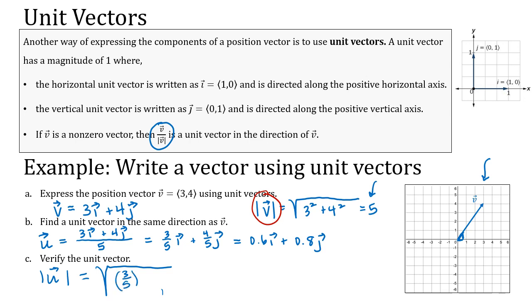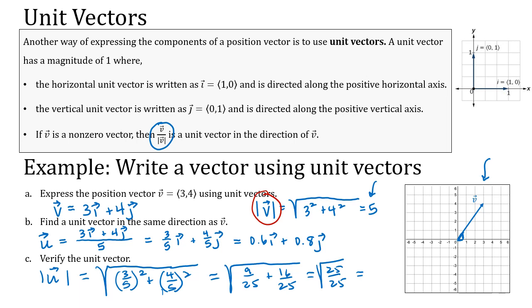I like working with the fractions a little bit better. You can use the decimals if you prefer. Plus 4/5 squared. And what is that equal to? That would be equal to 9 over 25 plus 16 over 25, which is 25 over 25. 25 over 25 is 1, and the square root of 1 is 1.